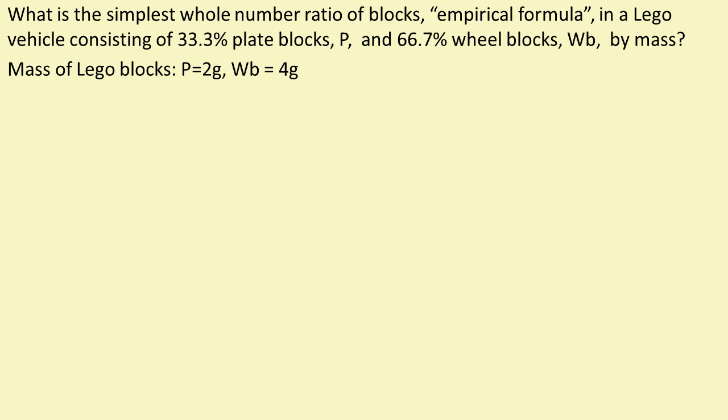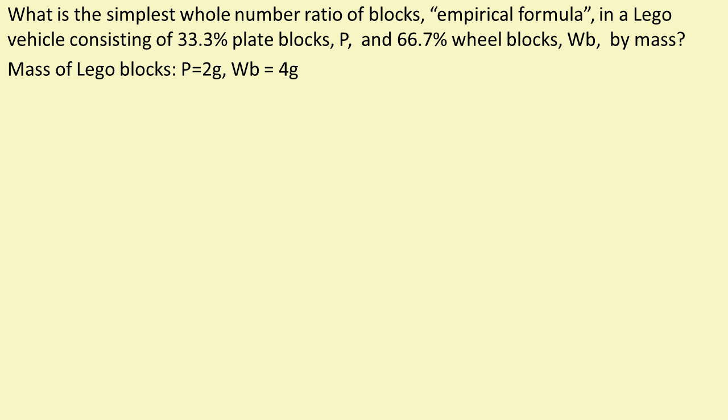If we assume there is a total mass of 100 grams, 33.3% becomes 33.3 grams and 66.7% becomes 66.7 grams. It doesn't matter what you take as the total mass, as you'll obtain the same simplest whole number ratio of blocks. However, choosing 100 grams means just effectively changing the units from percentage to grams without any additional calculations.